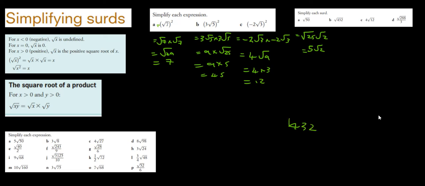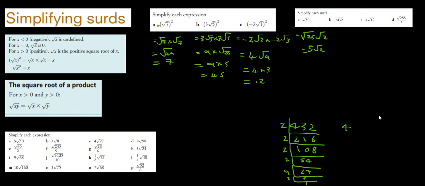432, let's break it down, gives 2, 16, can be broken down again to give 108, can be broken down again to give 54, can be broken down again to give 27, can be broken down again to give 9, which is 3 divided by 3, which is 1.